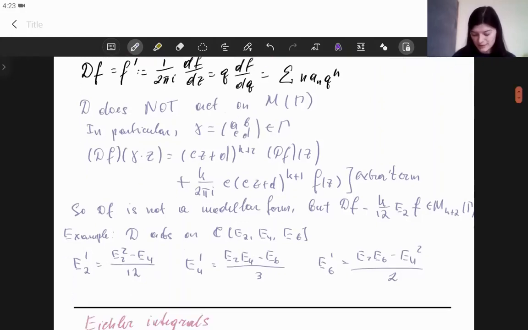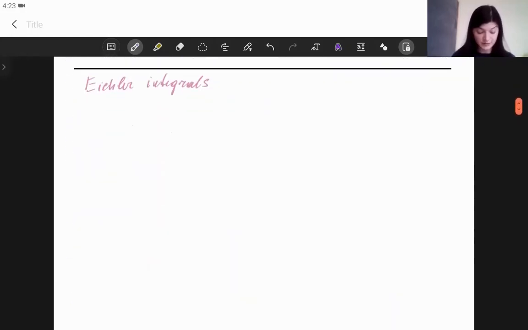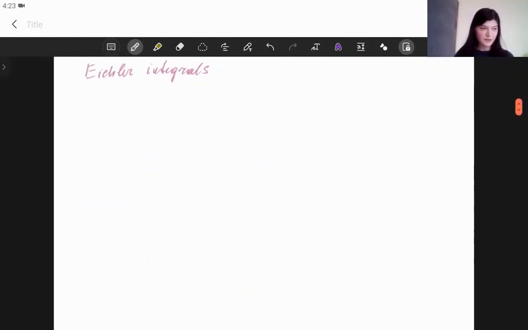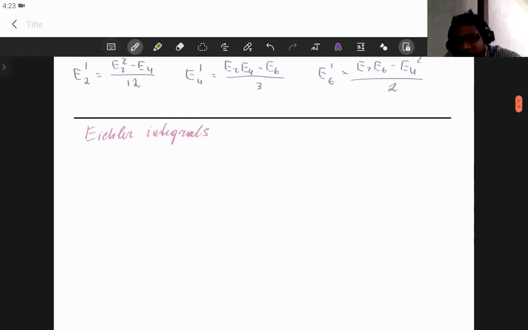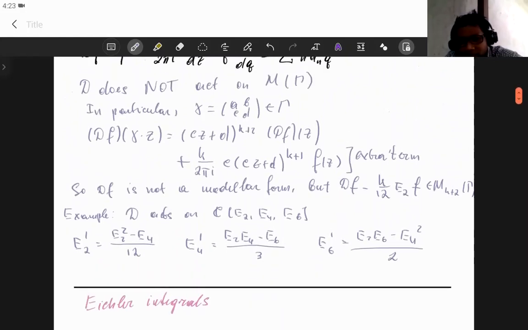The next step is going to be the definition of these Eichler integrals that I briefly mentioned at the beginning of the talk. In particular, ask a question. Yeah. The previous algebra is called like quasi-modular forms, right? I believe that is correct. I honestly have all of my terms occasionally backwards, so I think you're right.